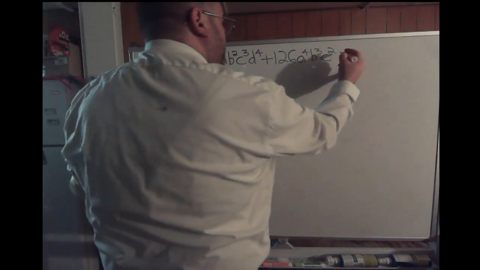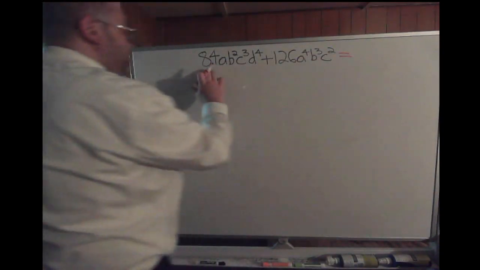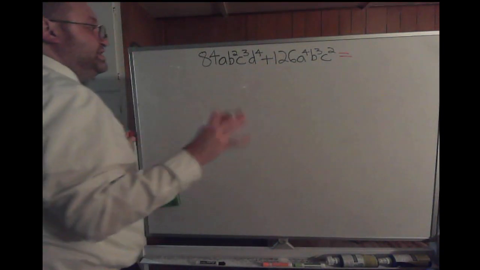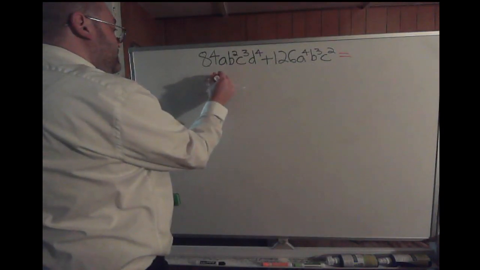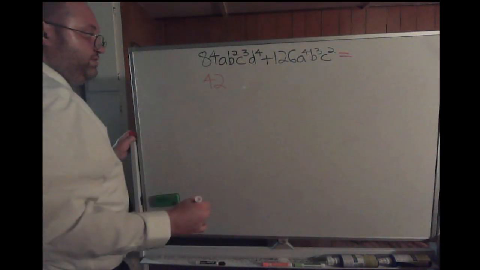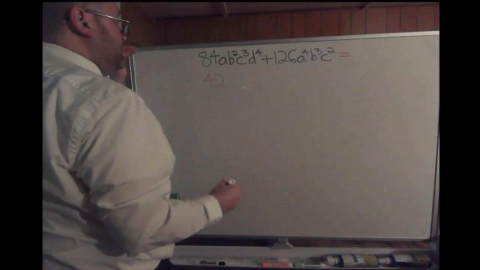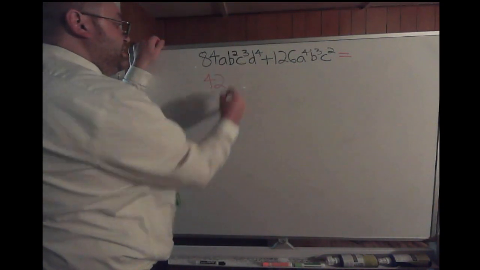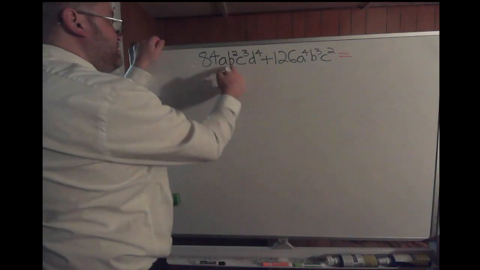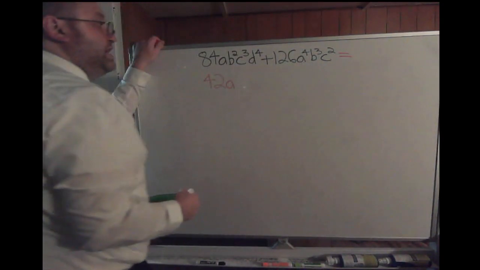Alright. Start with your coefficients. 84 and 126 have what in common? I could tell you it's 42. That's the greatest common factor of those, will be 42. Now, between a and a to the fourth, what do they have in common? Definitely an a. Between b to the second and b to the third, what do they have in common?